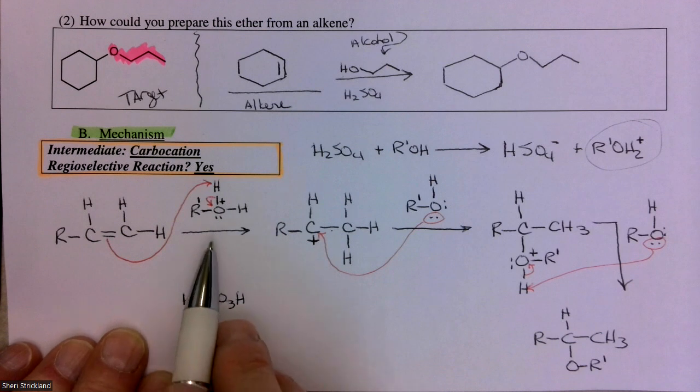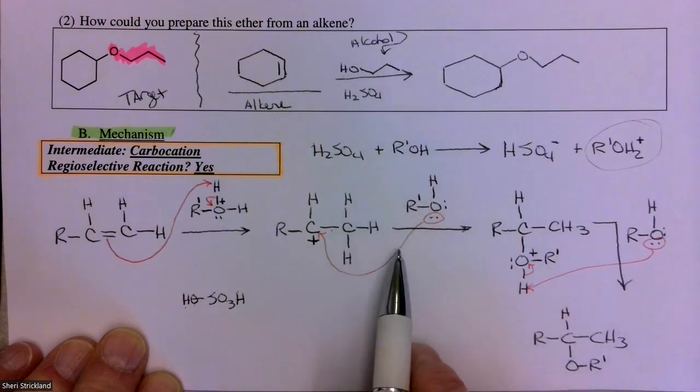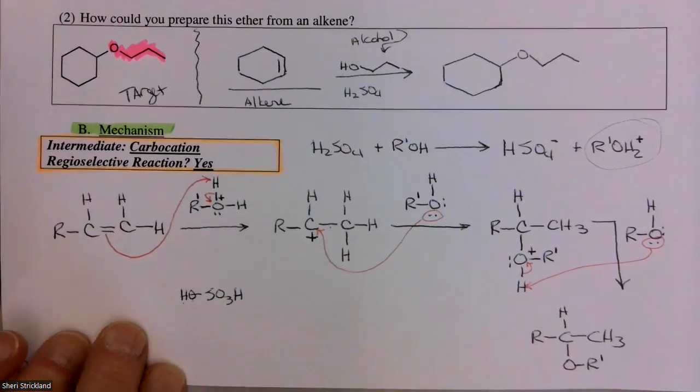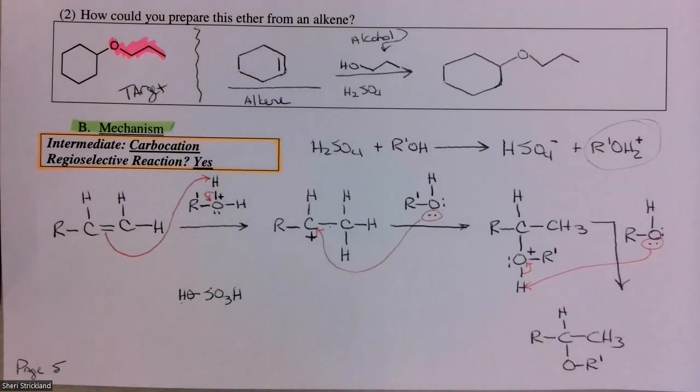You can do that. I think this makes a lot more sense, and so I would do it that way rather than this way. All righty. So that's the story on the addition of an alcohol to an alkene. If you have any questions, please send them to me.